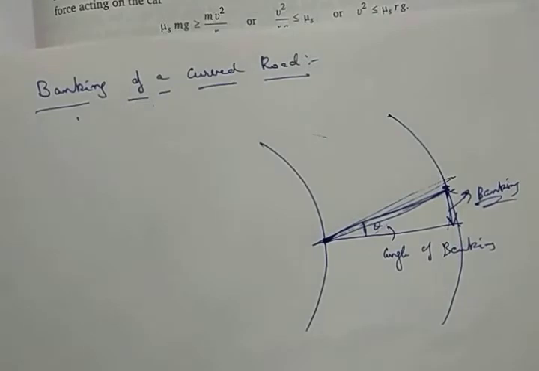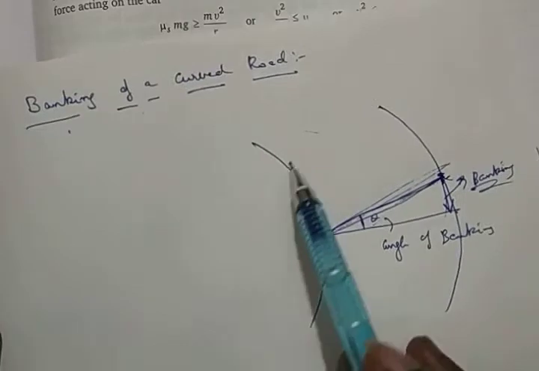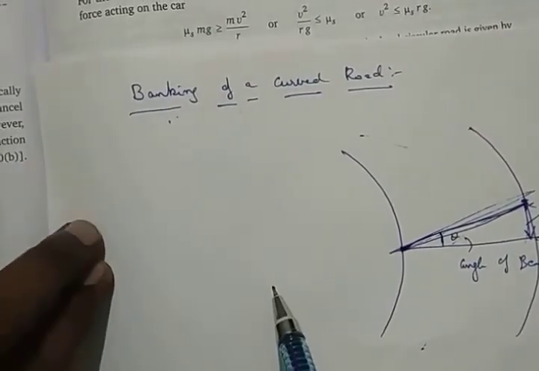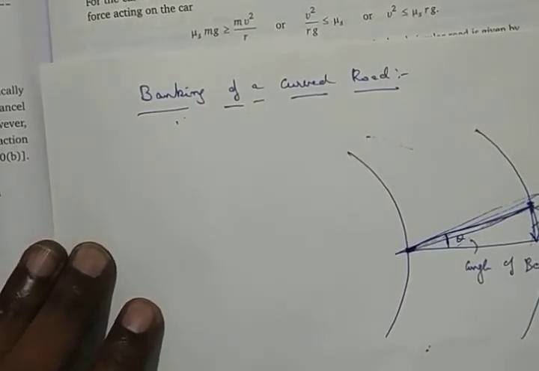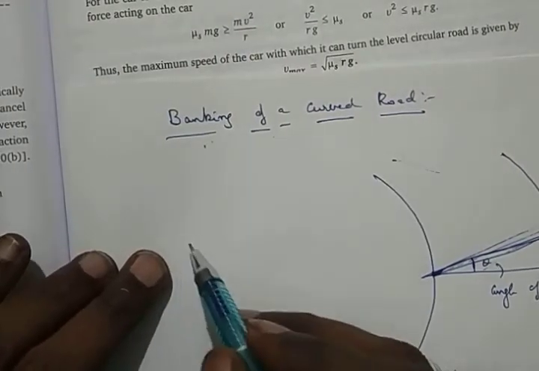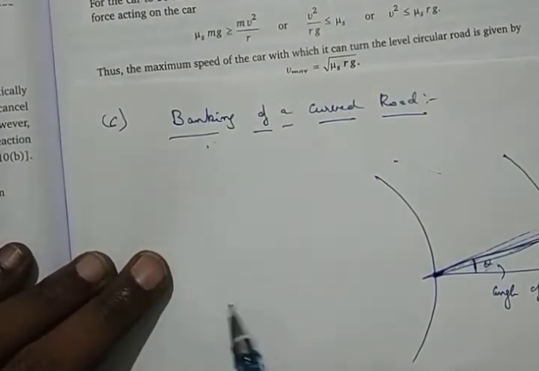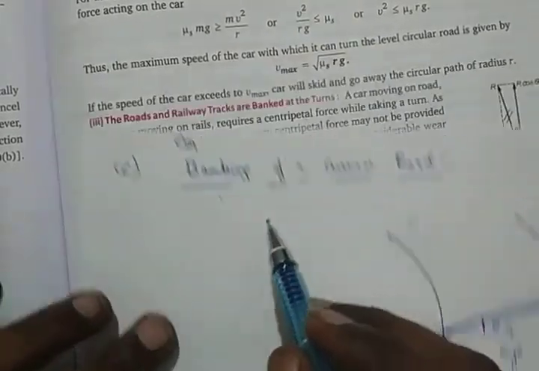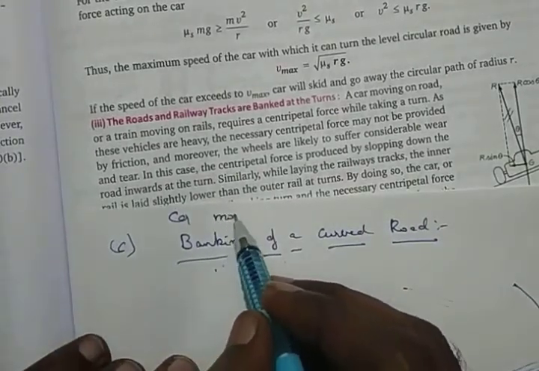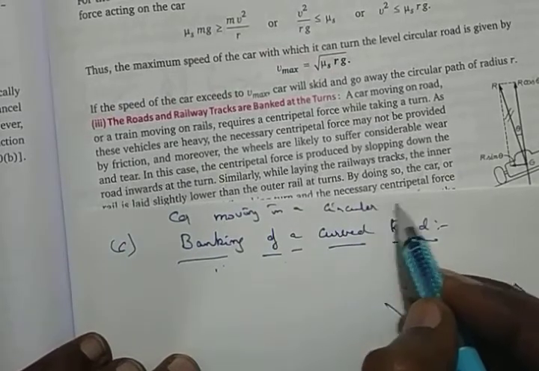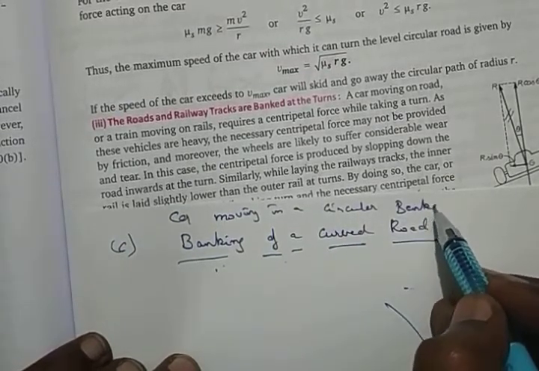Okay, now we are going to see another derivation, of a car going on a circular path where the road is banked. So take down the topic here, part C, after A and B. Car moving in a circular banked road.